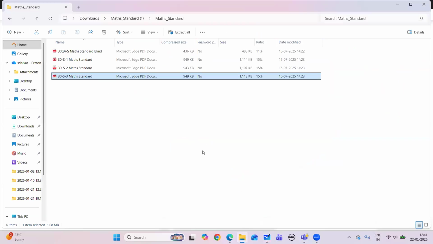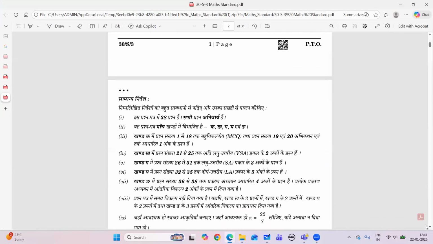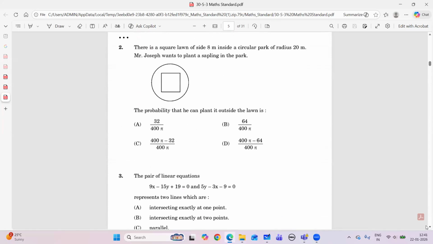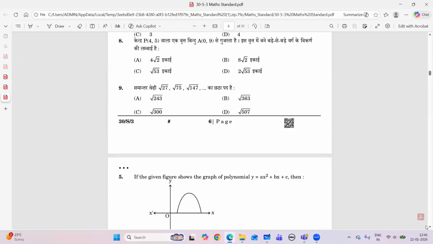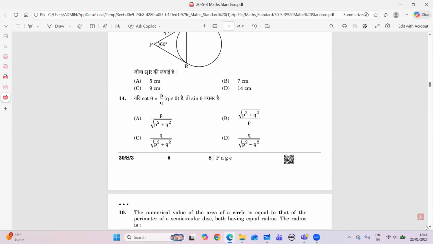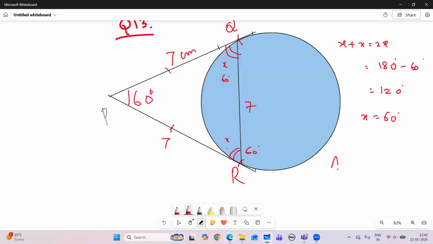Let us look at the choices. Therefore, choice B is correct. For question number 13, choice B is correct. So, answer, choice B.